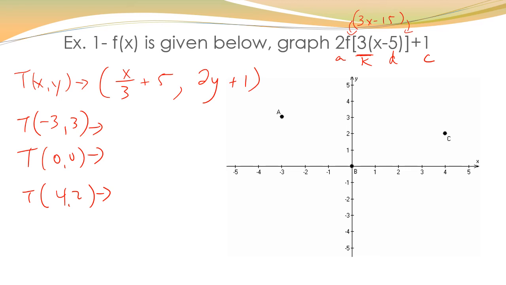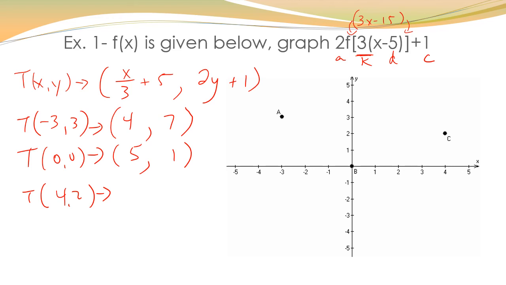Negative 3 divided by 3 is negative 1, plus 5 is 4. 2 times 3 is 6, plus 1 is 7. That's 5 and 1. And now we're going to end up with a fraction here. So 4 over 3, okay.